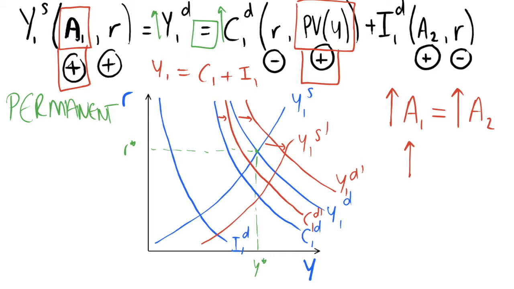Okay, so we've shifted supply, we've shifted consumption, and we have a third and final effect, another indirect effect on our investment curve. This is what is different from the previous video: we shift investment out because we have a permanent increase in productivity. So we increase our A2 parameter, our productivity in period 2.